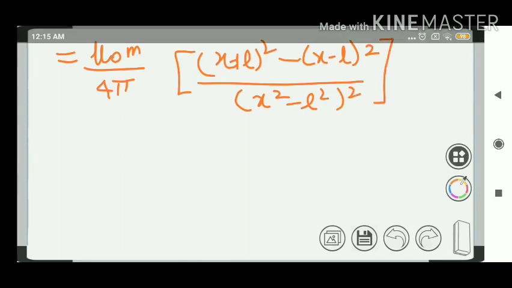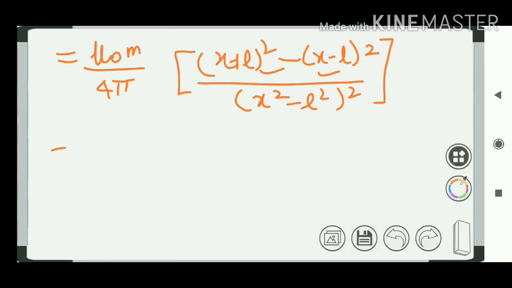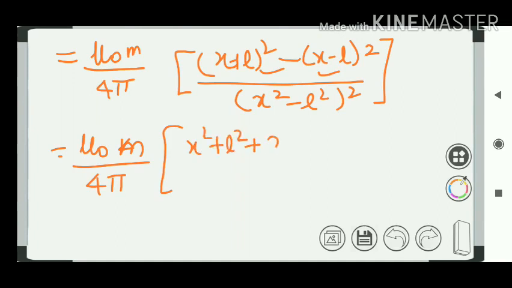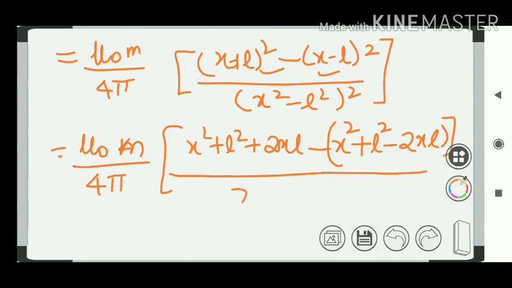Right, now open these two brackets, guys. Mu 0 M by 4 pi. A plus B whole squared is A square plus B square plus 2AB, minus. This is again A square plus B square. So inside, let's say if you are having any problem, write like this: A square plus B squared minus 2AB. Right, and the denominator as it is.